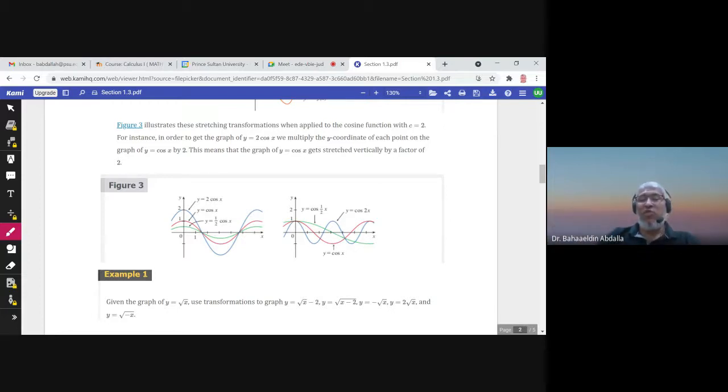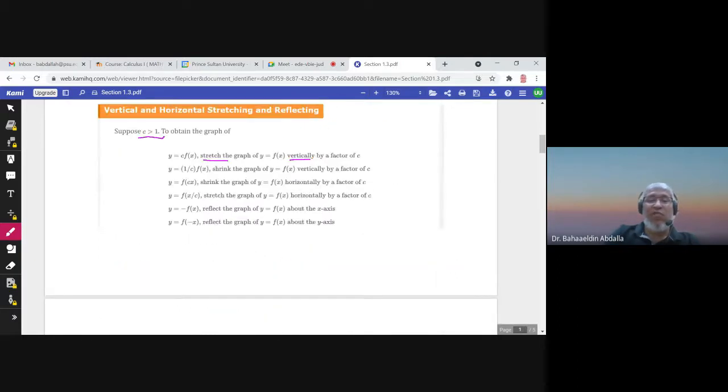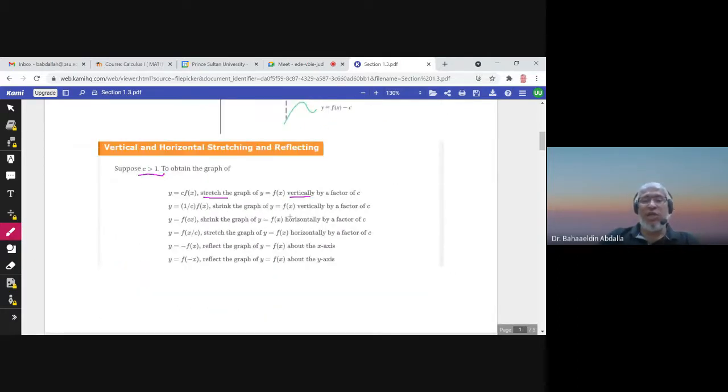See, this was the period of cosine from here to here, and now the period is from here to here, because horizontal shrinking will shrink the period. While cosine half x, this would be horizontal stretching. So the period will be wider. See, it's not finished yet. The period would be up to here, the period of cosine half x. So that's the difference between vertical and horizontal stretching and shrinking.